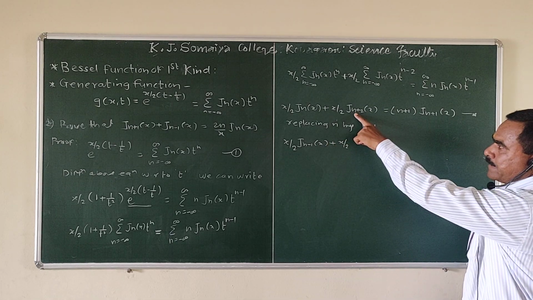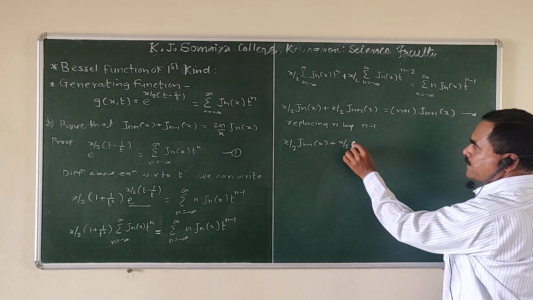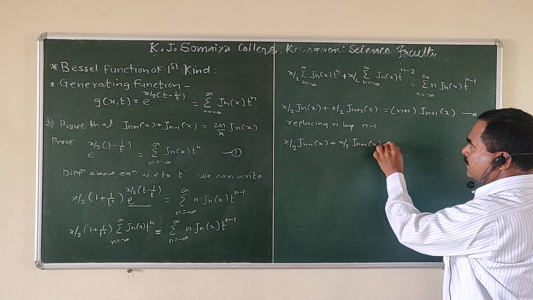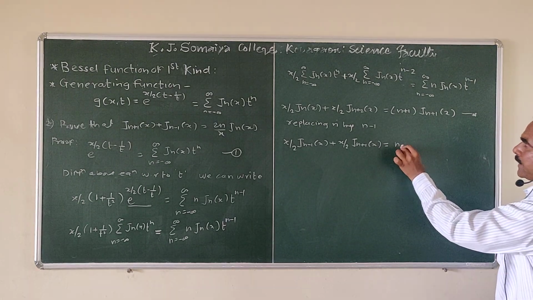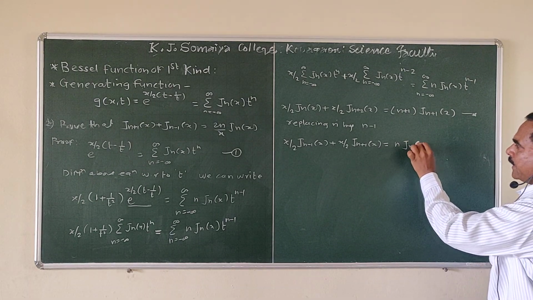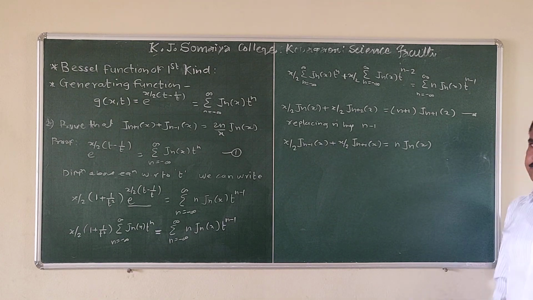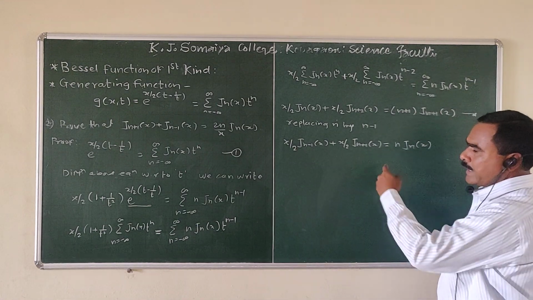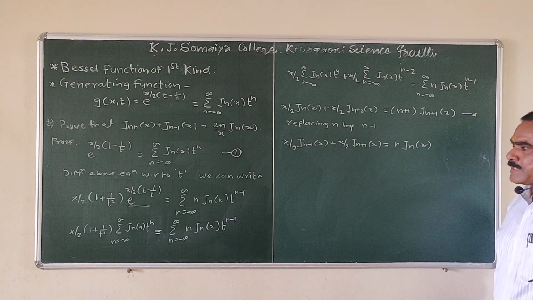Here n is replaced by n minus 1. So remaining is n plus 1, Jn plus 1 of x equal to n Jn of x. Okay. Then in next step we take common x by 2 and transfer to right hand side.